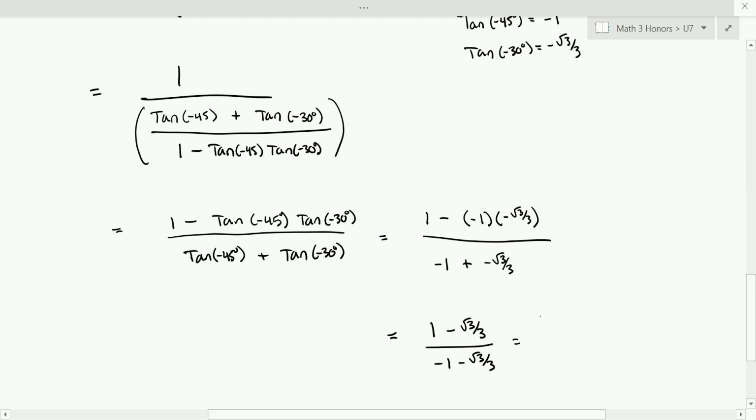And I end up with 3 minus root 3 over 3 in the numerator and negative 3 minus root 3 over 3 in the denominator. Because this is 1 over 1, and I multiplied top and bottom by 3. And this is negative 1 over 1, so I multiplied top and bottom by 3.